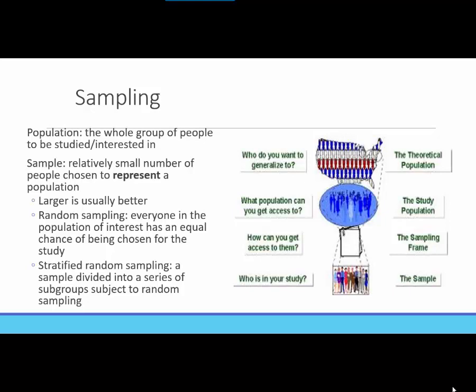But the thing about random sampling is if you have a sizable minority in your population, there is the chance that if you just took a random sample, you would not get enough of those people in your sample. Think about the United States population, where about 1% identifies as Native American.